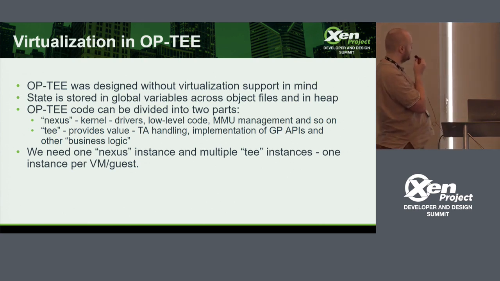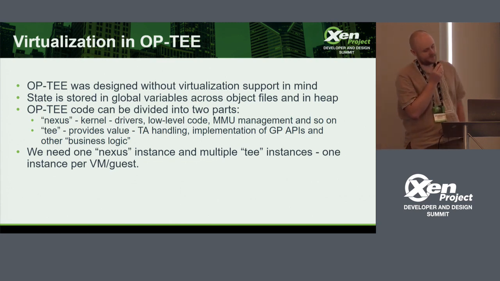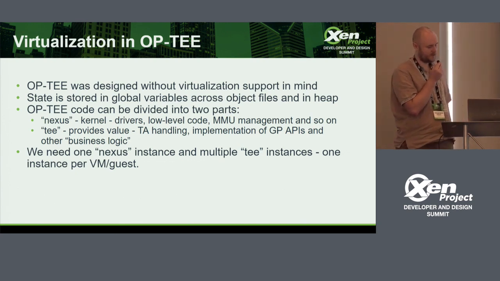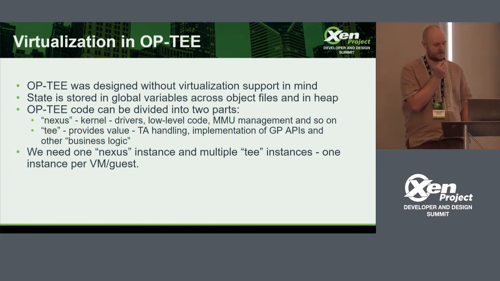And another part provides real value to OP-TEE. It is capable of handling trusted applications. It knows about threads, mutexes. It implements Global Platform APIs, and so on, so on.